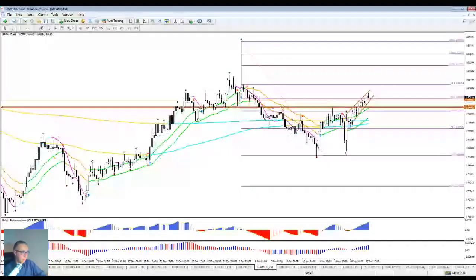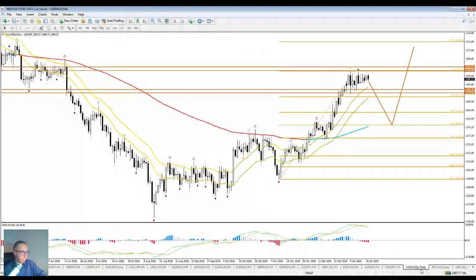And let's take a look at gold, no problem. Yeah, gold, I was saying that with such a lengthy period of consolidation, we're probably going to see a reversal.